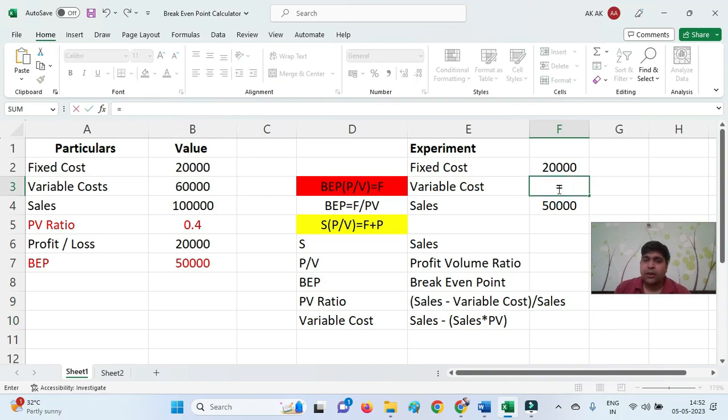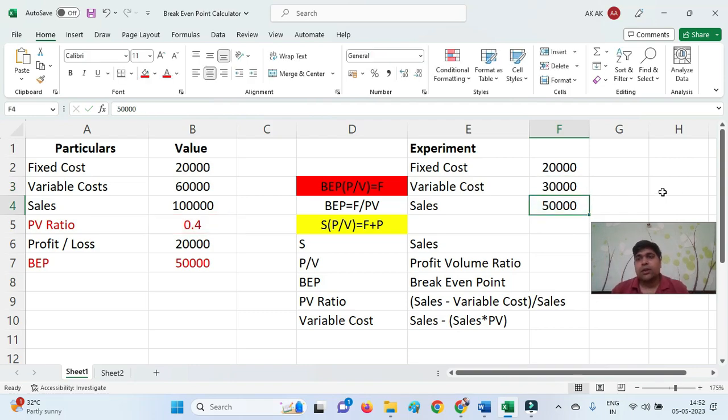Let us do it. What is my sales? 50 minus sales multiplied by PV, which is 0.4. We can check here that this is 30,000, which means that the things are correct.